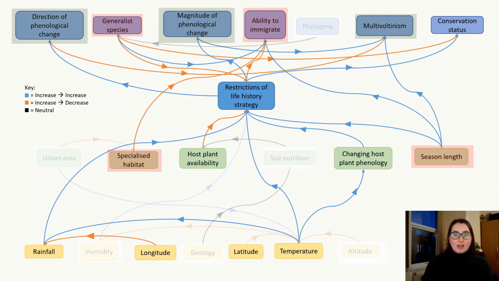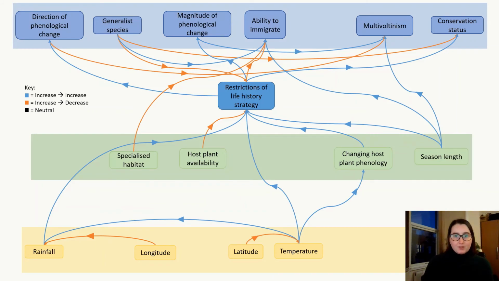So I am hoping to continue looking at this in the future, but for my PhD, I'm going to be focusing on these interactions. So this leaves us with these variables to do the analysis on: those related to the moths, those related to the plants, and the explanatory variables as well.